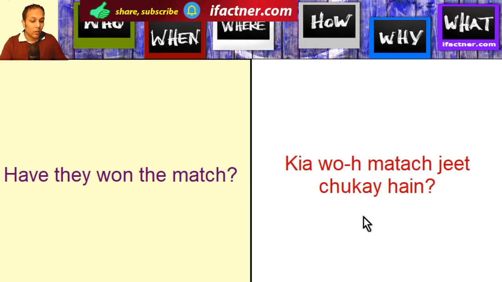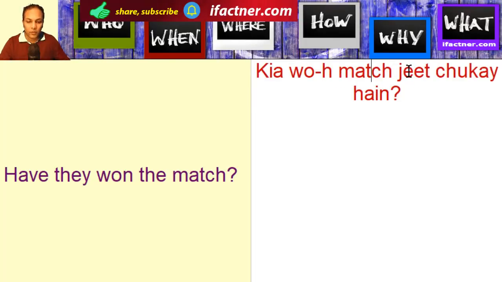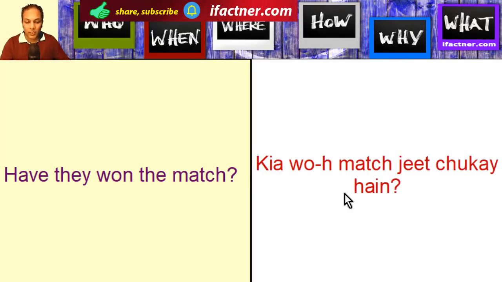Have they won the match? क्या वो मैच जीत चुके हैं? क्या with हैं means have, वो they. So remember, वो is used for he, she, it and they.